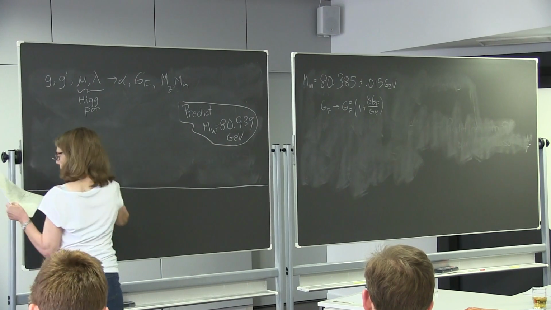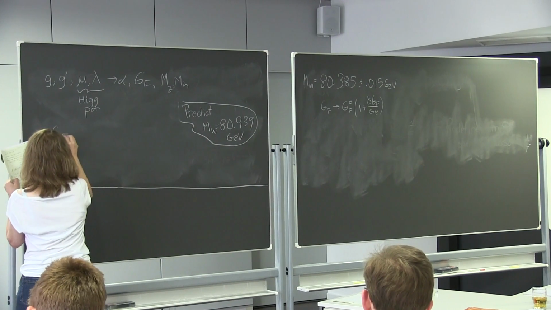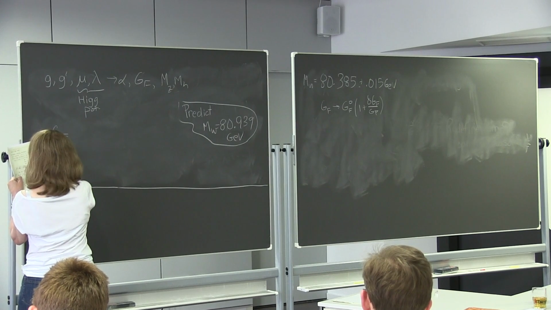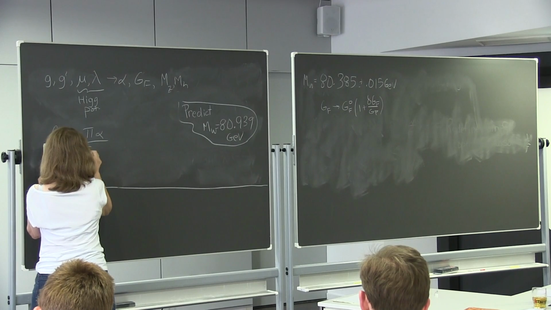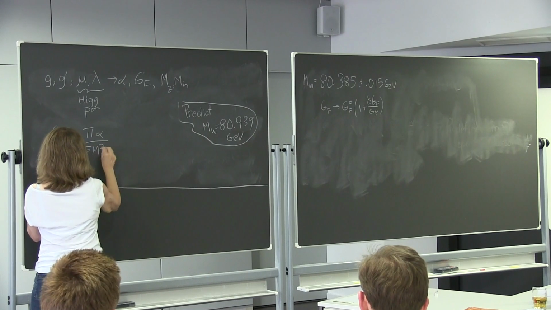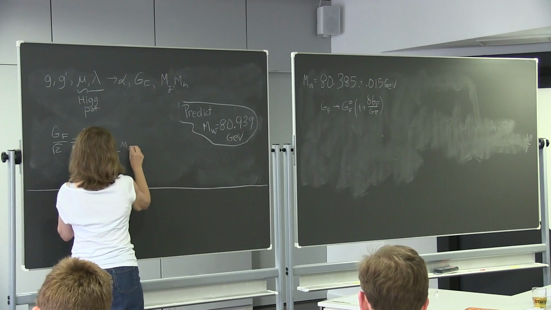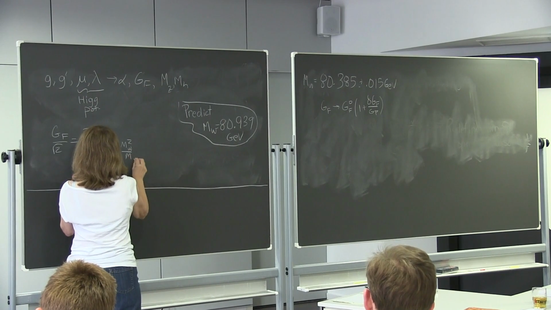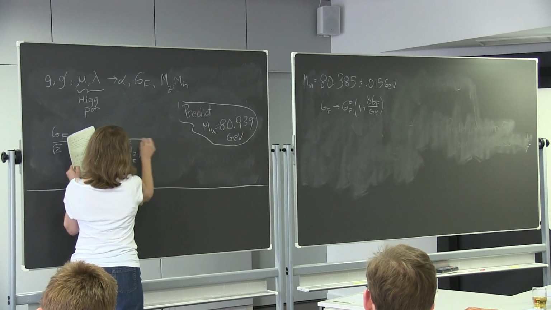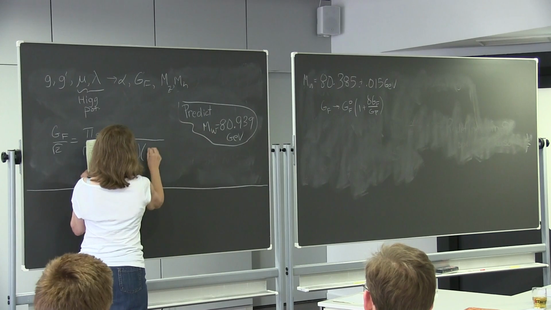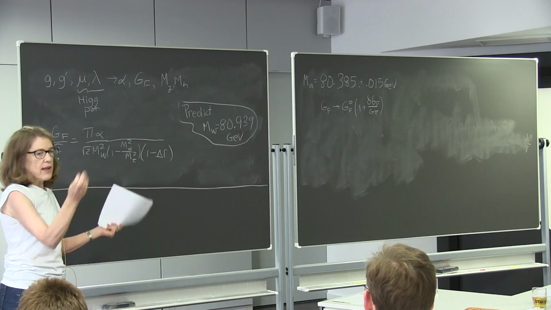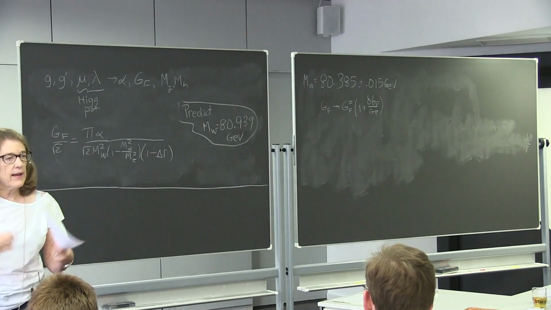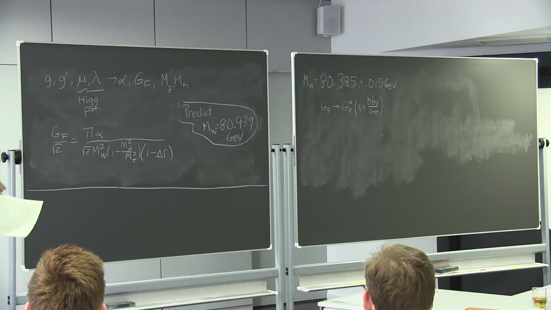So G Fermi, now the renormalized one, equals pi alpha over square root of 2 mw squared, times 1 minus mw squared over mz squared. And I'll just lump all my radiative corrections into 1 minus delta r. All the corrections I'm going to calculate from the renormalization of alpha, G Fermi, and so forth, I'll just put them in 1 minus delta r.